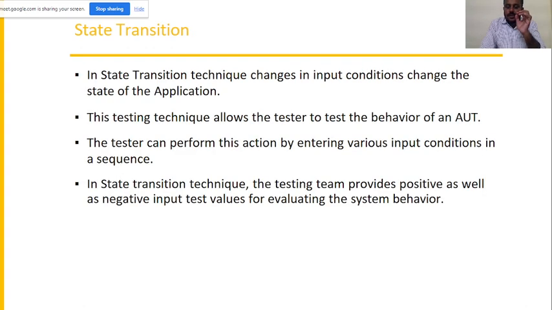Okay, fine. So please quickly write on this. While copying, please understand and copy. Here you see, in state transition technique, you put a comma. Next you write down: changes in input conditions change the state of the application.